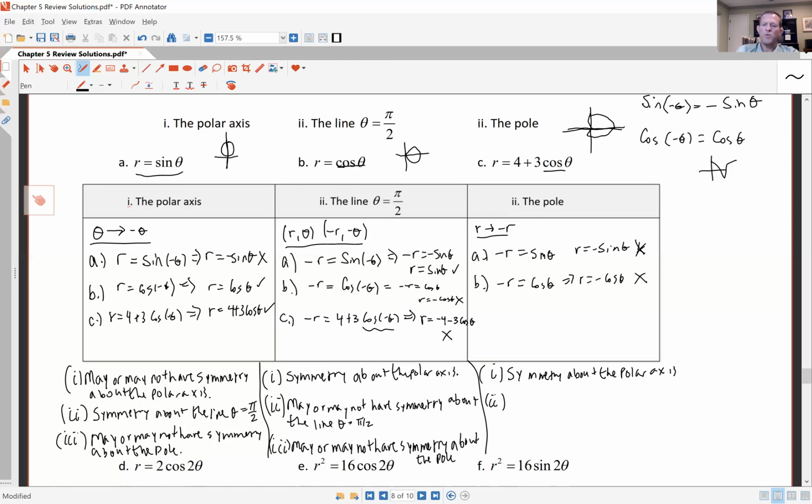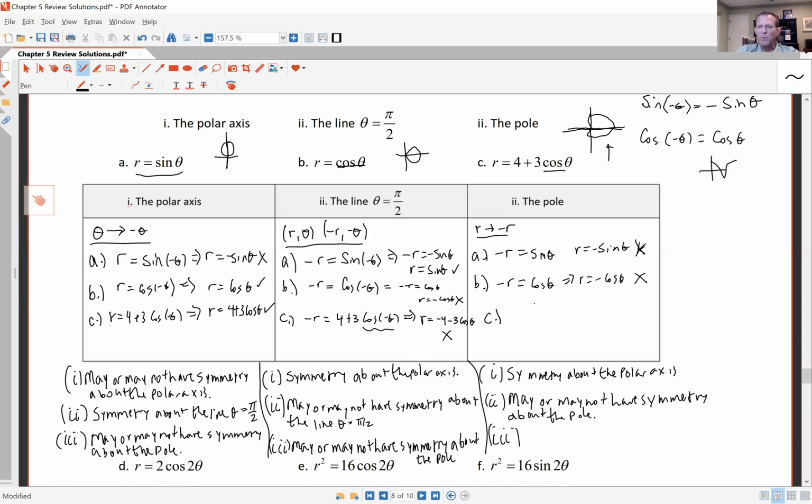It's changed the equation. So we may or may not have symmetry about the pole. We can see by the picture that we definitely don't have it. You need to see the graph in order to determine that.